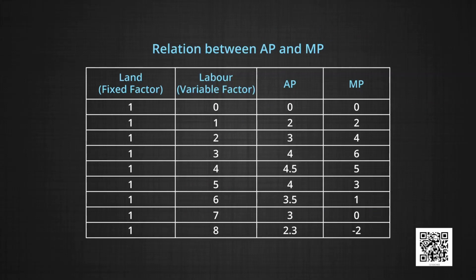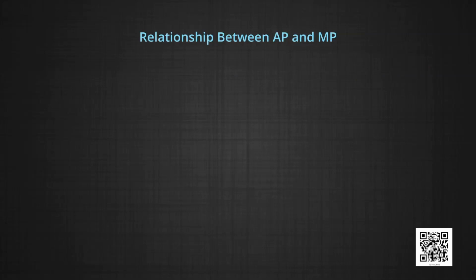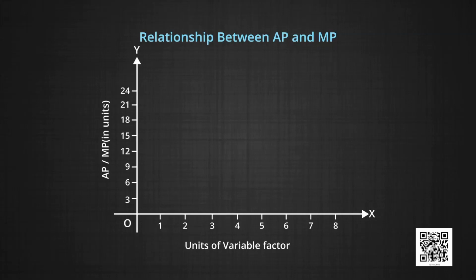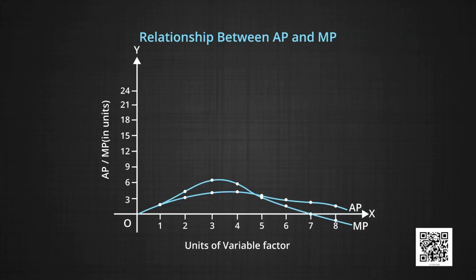We can show the relationship between the average product and the marginal product by this diagram on your screen. On the x-axis, we have taken the units of variable factor as before, and on the y-axis we have MP and AP. As long as MP is more than AP, the average product increases, and this happens up to the second unit of labor.